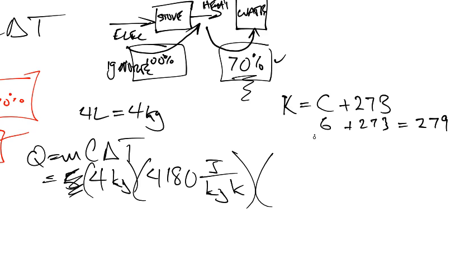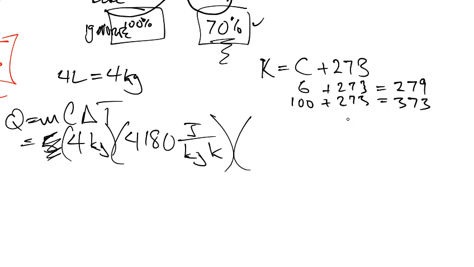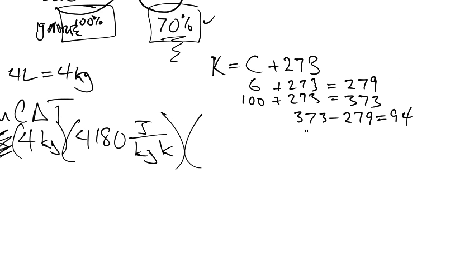And if I take the final temperature, 100 plus 273, that's going to give me 373. Now, if I actually then subtract 373 minus 279, that's going to give me 94. But you see, that's exactly the same as what it would be if I just used Celsius. If I went 100 minus 6, I'd still get 94.